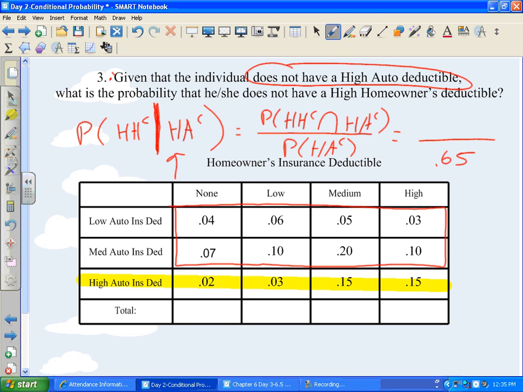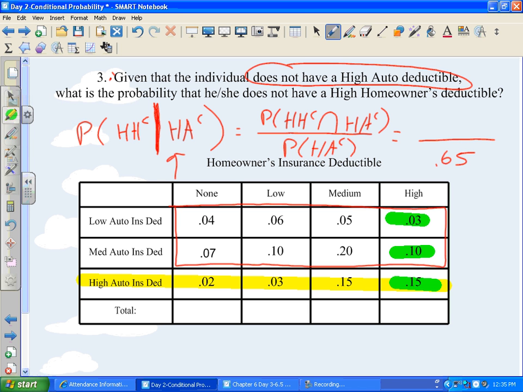Now, we need both not high auto and not high homeowners. Well, this is high homeowners here, isn't it?